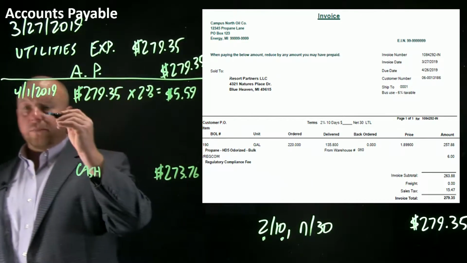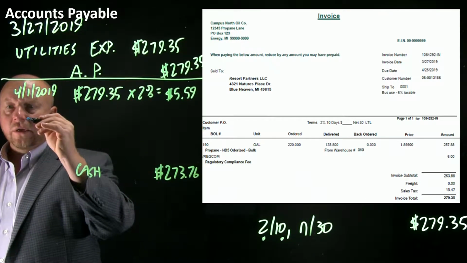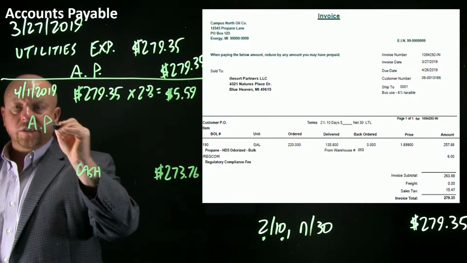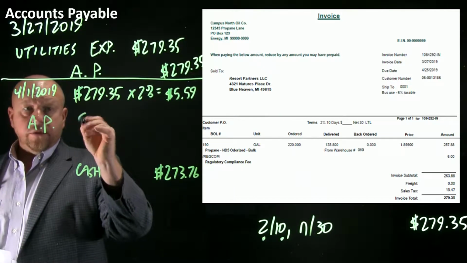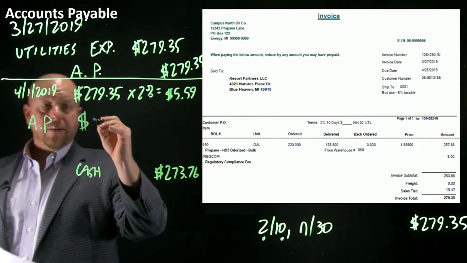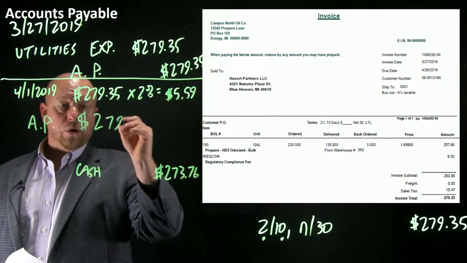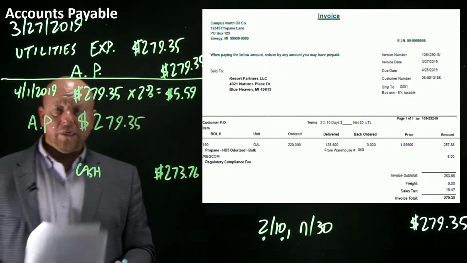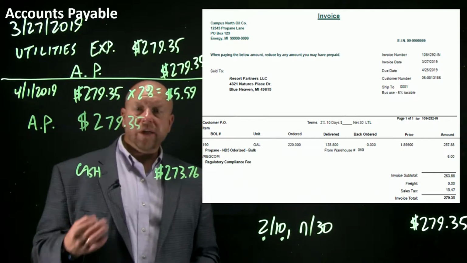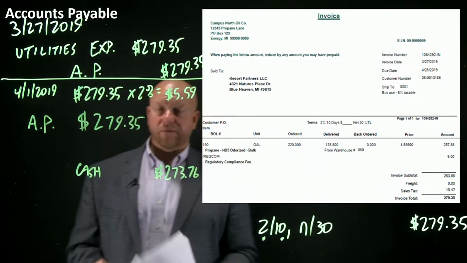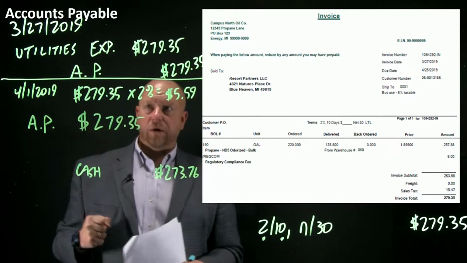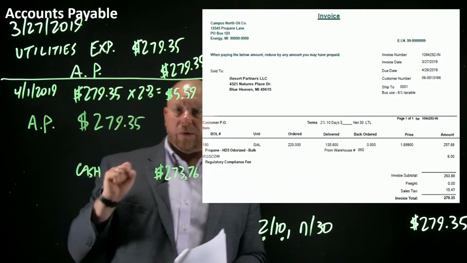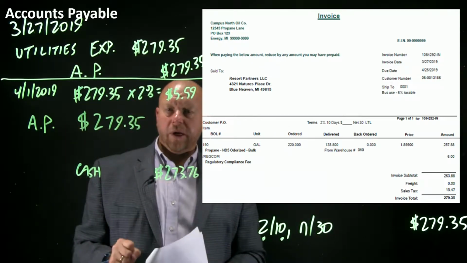Now, you might be thinking ahead of me, possibly. We know that cash is going to go down. The other thing that's going to go down is accounts payable, because we don't owe any money to that vendor anymore. Once we've made payment in full, that liability goes away. The liability we created here with a credit gets completely erased.